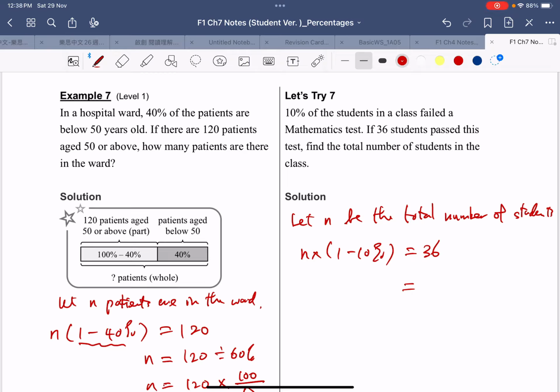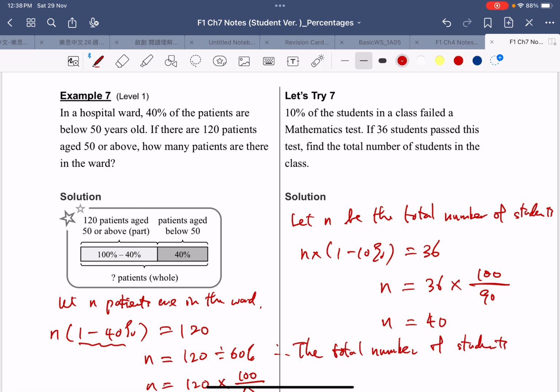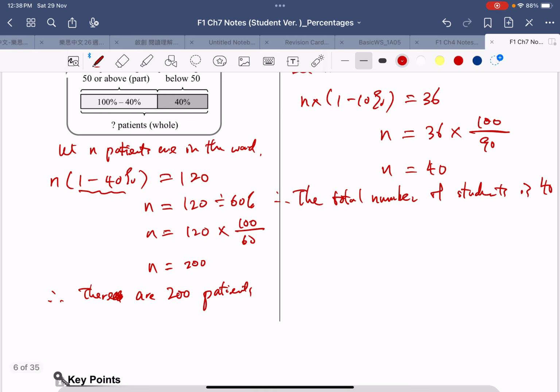So how to calculate N? N would be 36 times something. Just invert the bracket like this, and then N would be 40. And then the total number of students is 40.